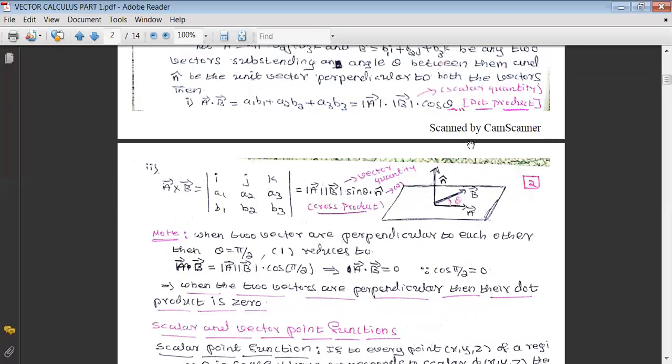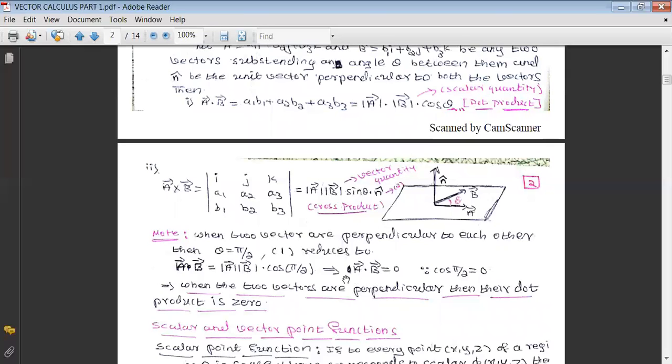Using this in equation 1, if I take theta equal to pi by 2, then A bar dot B bar equals the magnitude of A into the magnitude of B into cos of pi by 2, since they are perpendicular. We know that cos pi by 2 is 0, and 0 into something is 0.